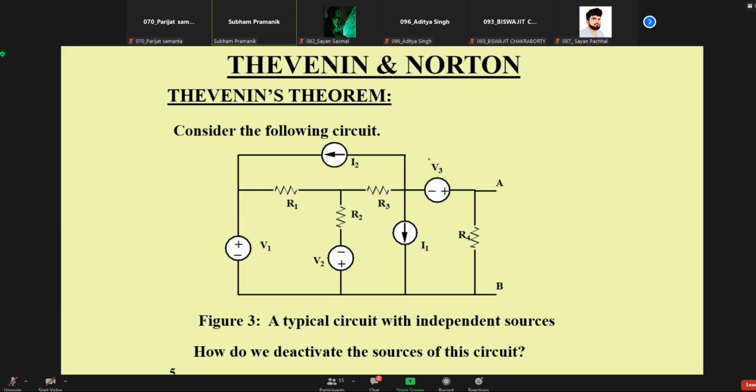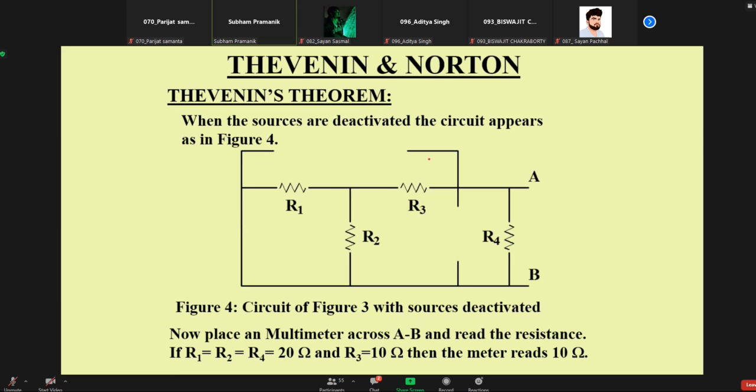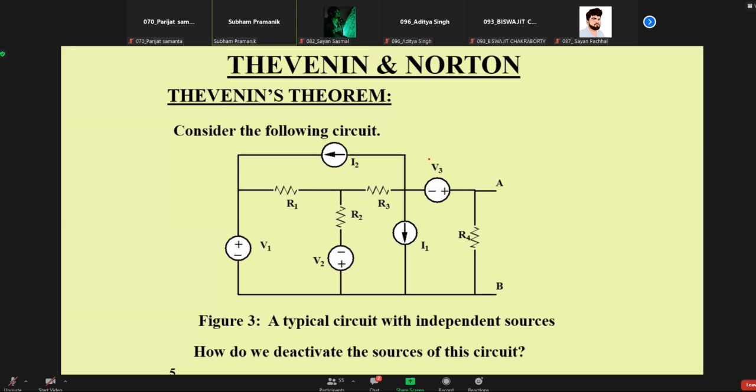You see, if the current is required through resistance R4, then that R4 will be treated as the load, or we identify R4 as the load. So the first thing is we disconnect it. R4 is disconnected. Then we find the open circuit voltage across AB, and while finding ZTH or RTH, we deactivate the sources.